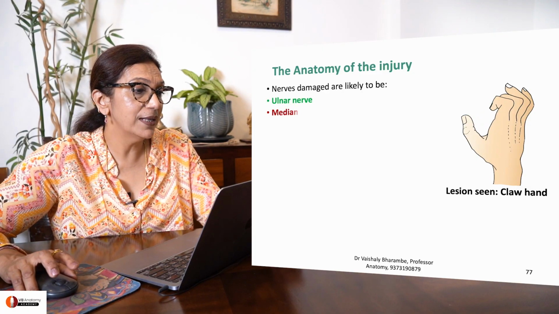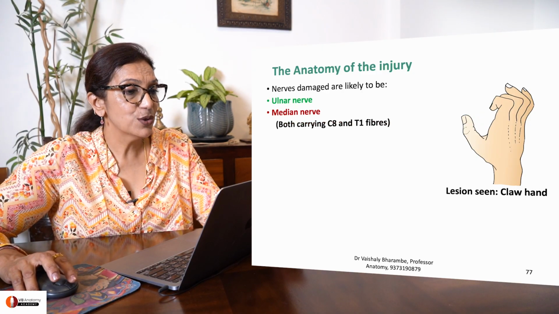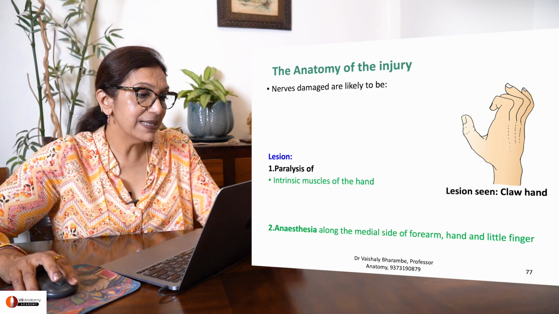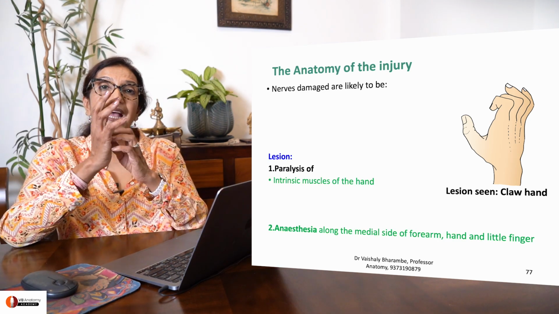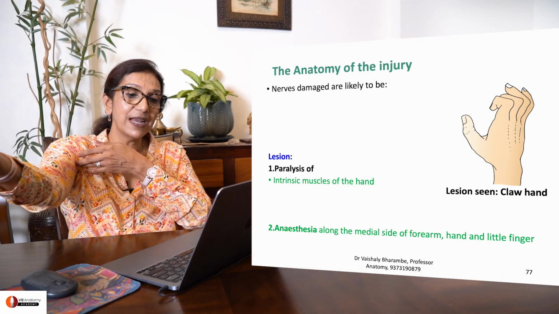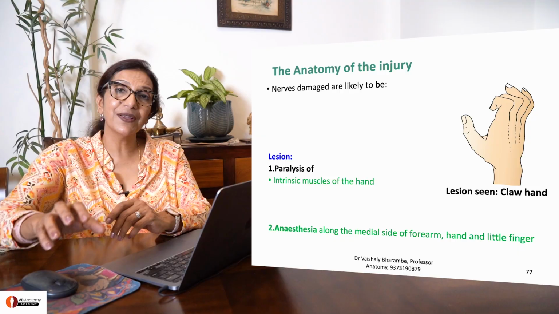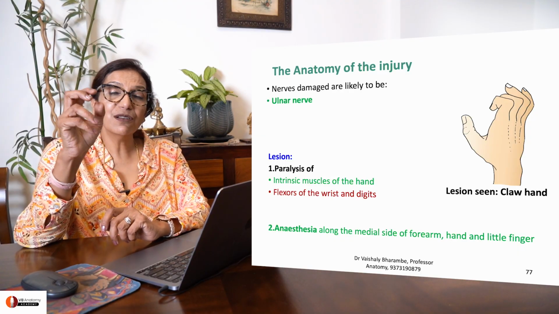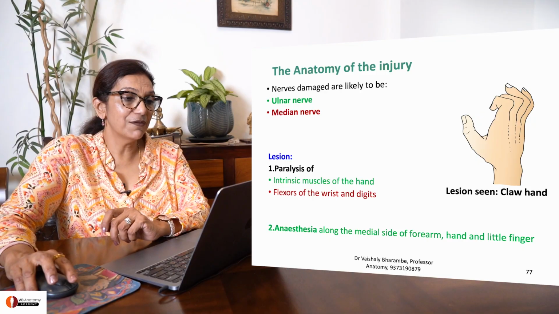Nerves damaged are the ulnar nerve and the median nerve. Because of the ulnar nerve, there will be paralysis of the intrinsic muscles of the hand. Ulnar supplies the hand. Anesthesia along the medial side of the forearm, hand and little finger. That's ulnar nerve lesion. Flexors of the wrist and digits are affected.